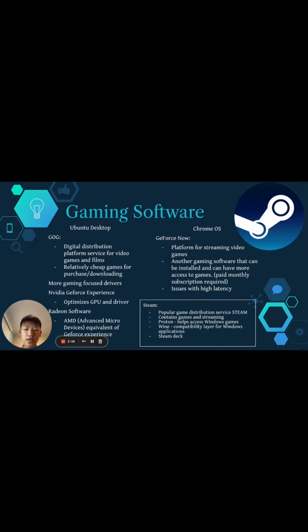And what helps Linux systems like Ubuntu access these games is Proton, which is essentially just another version of Wine, a compatibility layer for Windows applications. And if we were in class right now, Matt would have brought his Steam Deck for us to present, which is just a device that runs games for Linux.